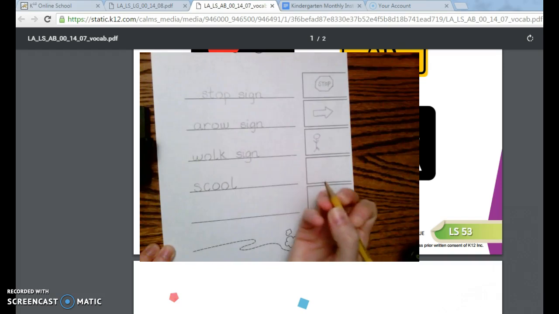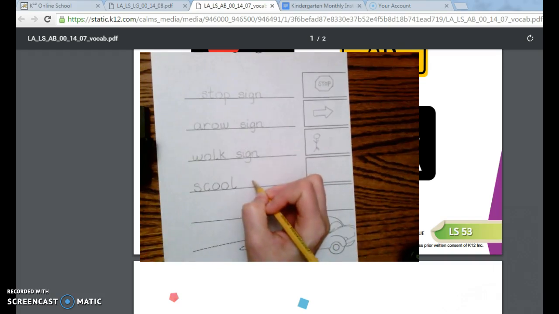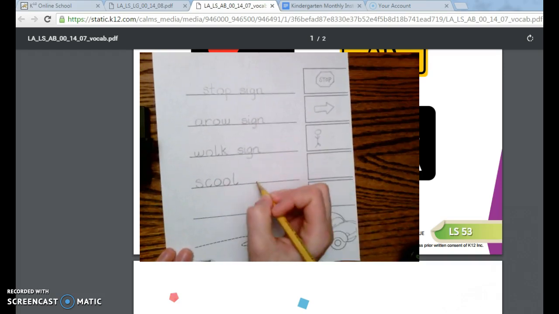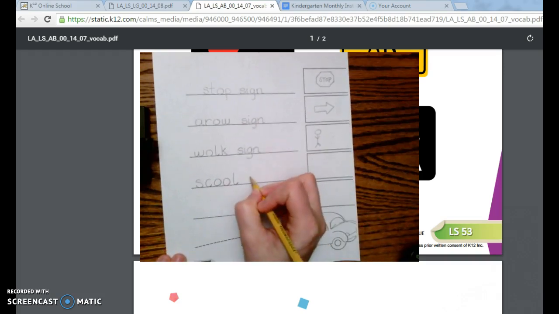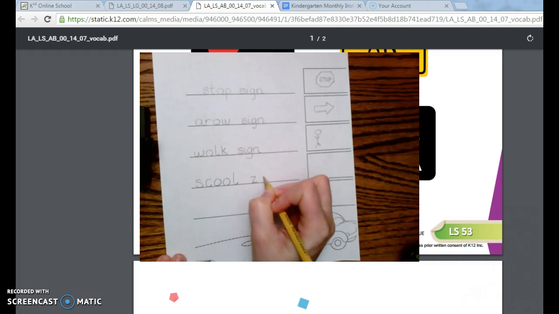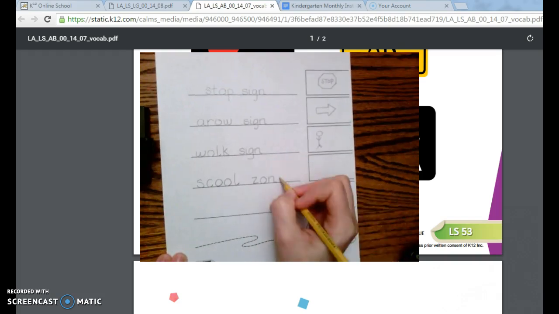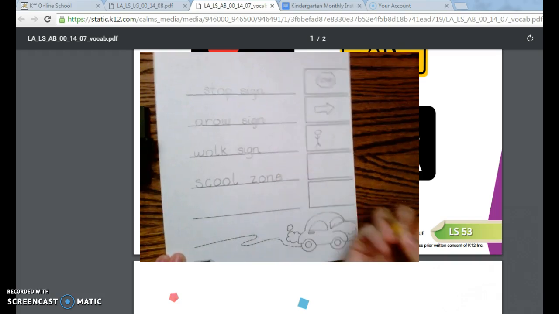School. And then let's say school zone. Own. School zone. And your student may know to put an E at the end of that word.